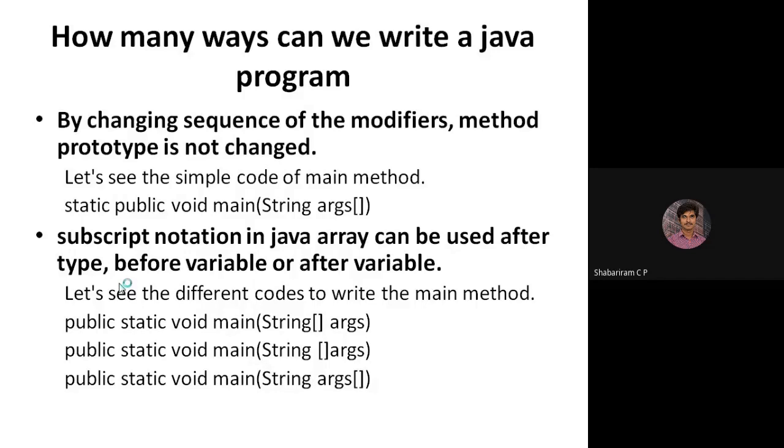Similarly, you can also change public and static. So please note here, the method prototype is not changed. I will show the problem while you're changing the prototype in the next slide.